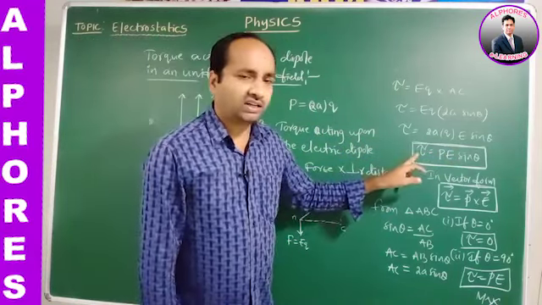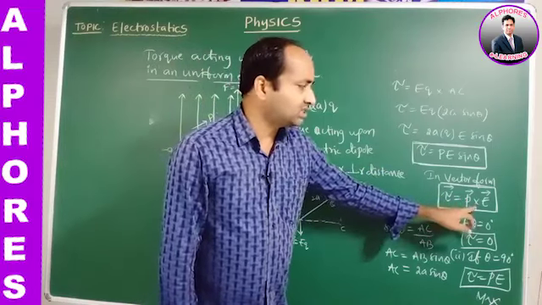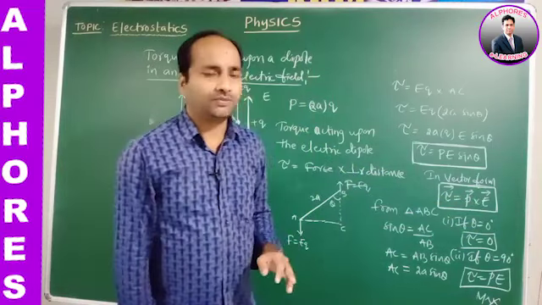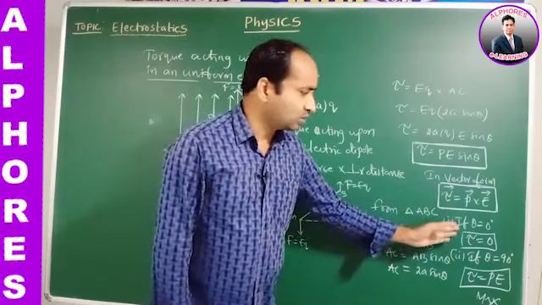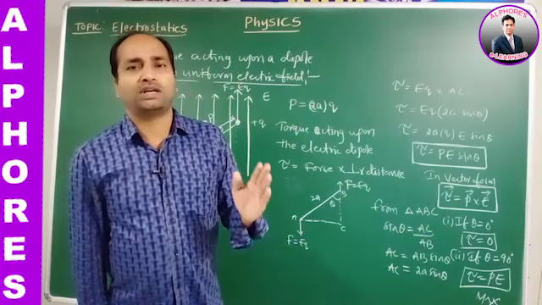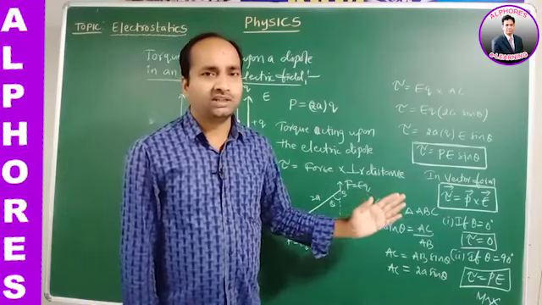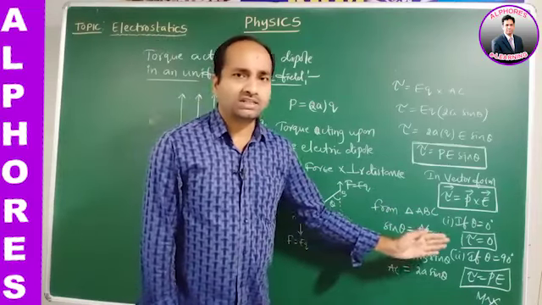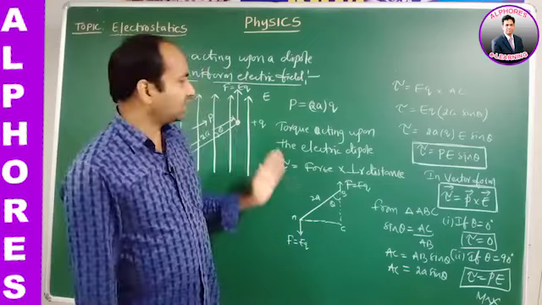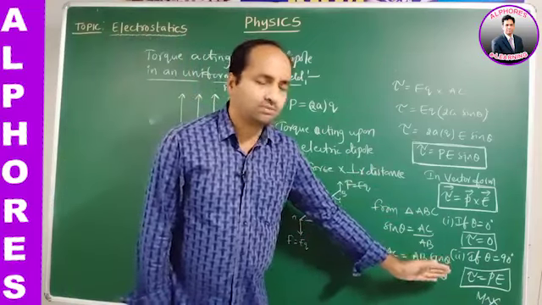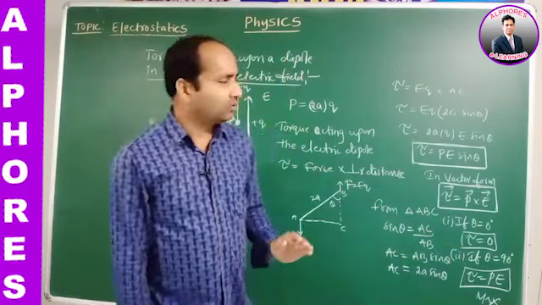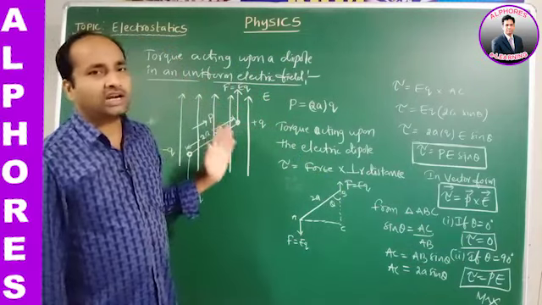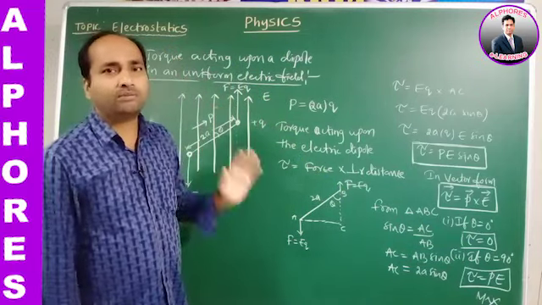But torque is a vector; in vector form it is tau equals P cross E. If the dipole is placed parallel to the electric field, the torque acting upon it is 0. If the dipole is placed normal to the electric field, the torque acting upon it is maximum, equal to PE. Okay, this is about the torque acting upon the dipole in a uniform electric field.